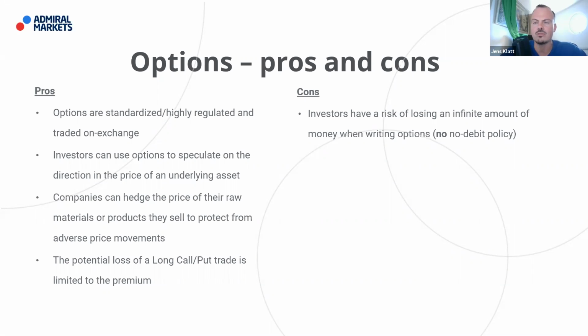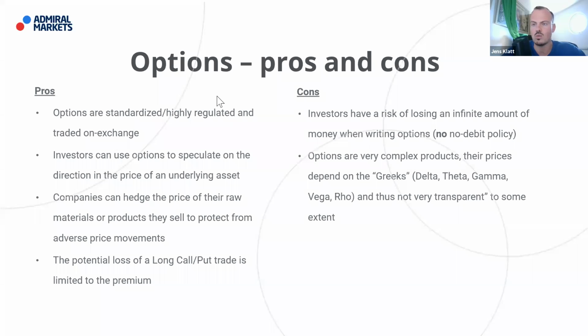And again, here, let's come back to the cons and make it very simple. You have, again, no debit policy, which is similar, the same is true here for futures, in fact. And in addition to that, there's also something which is of interest and why it's very difficult.